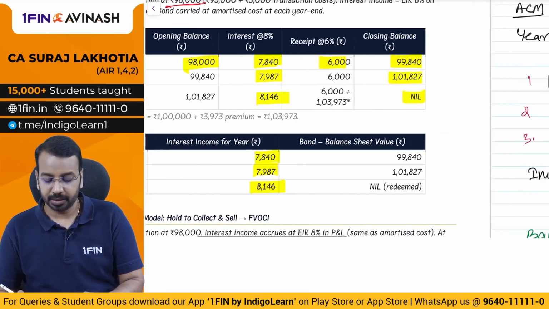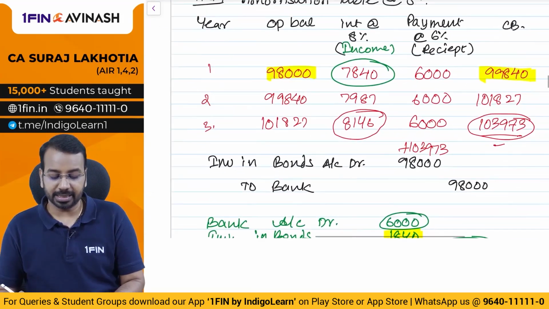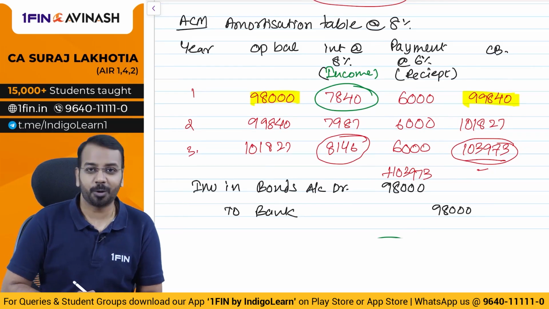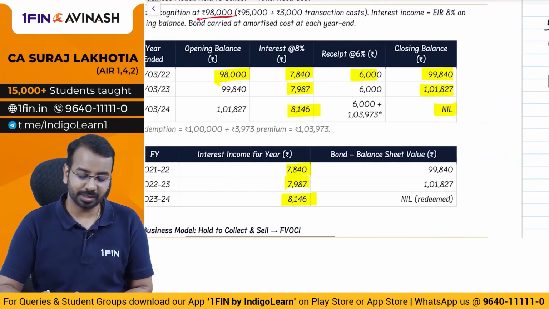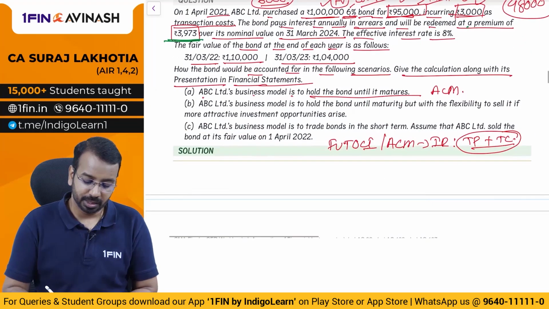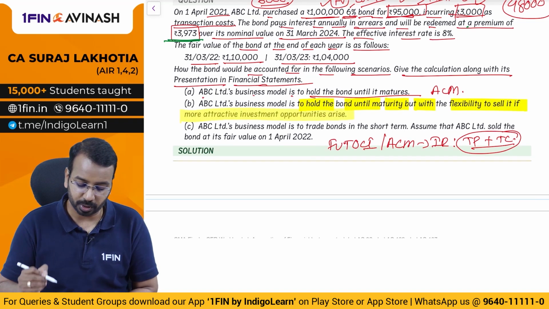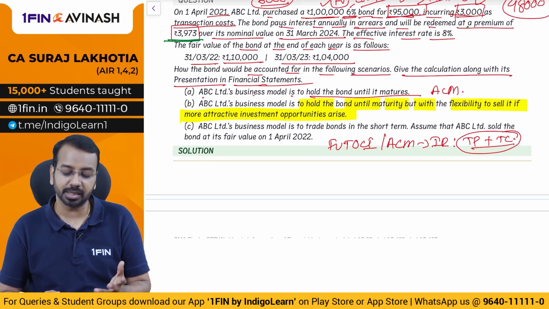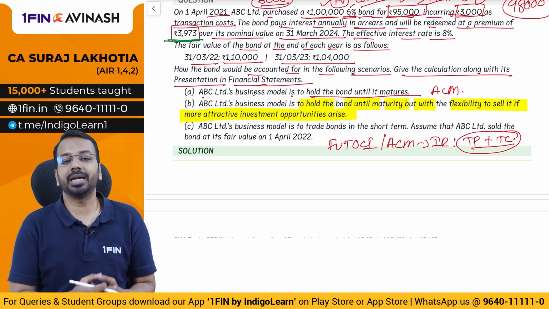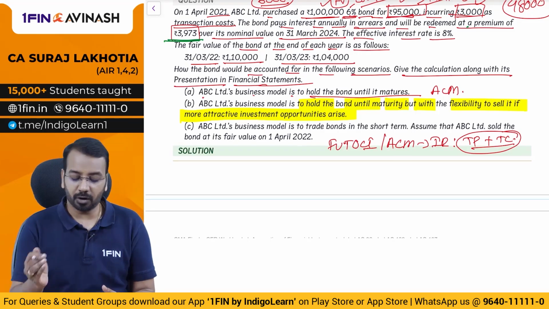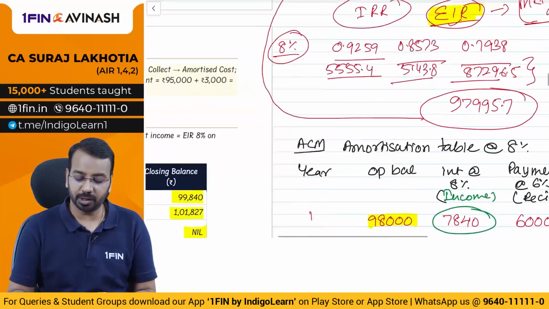Okay. Second, they said if it is using fair value through other comprehensive income. Now, what is the second model? ABC's business model is to hold the bond until maturity, but with the flexibility to sell if more attractive investment opportunities arise. So, whenever the intention includes an option to sell, if we can sell, we follow the FVOCI method or FVTOCI method.